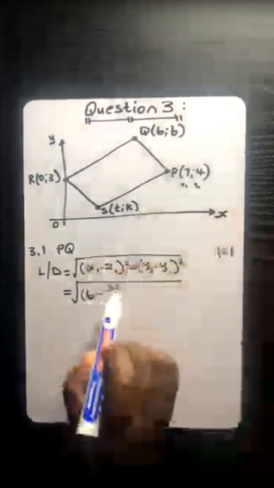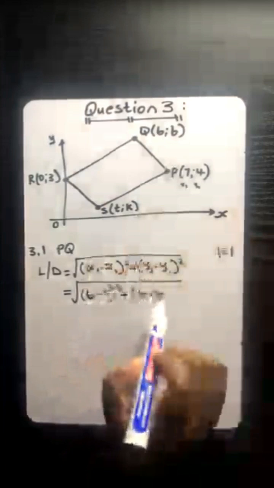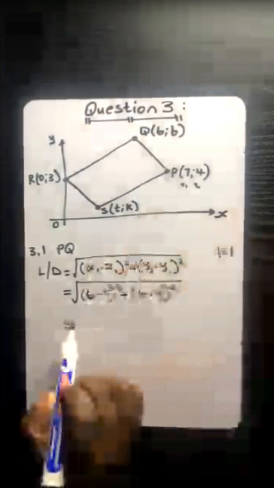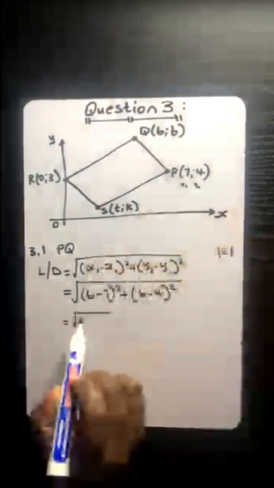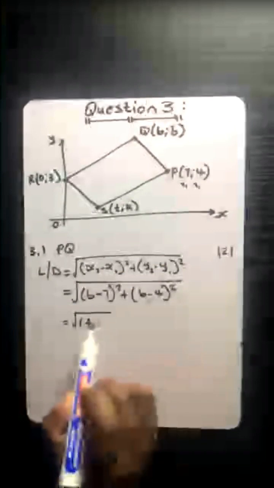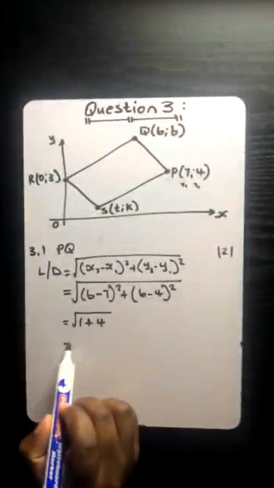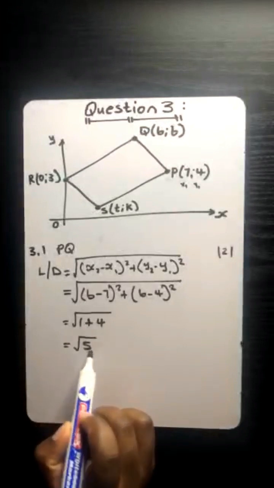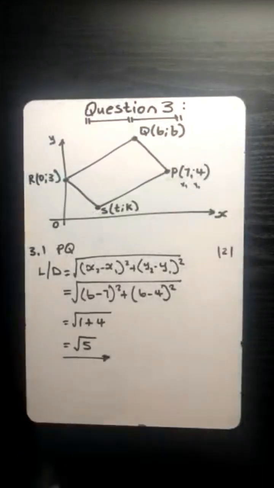It is 7, close squared, plus y2 there, 6 minus 4, close squared. Let's see, obviously this is 1 squared, it is just 1, plus this minus this is 2, 2 squared, what is 2 squared? I think it's 4. So finally you are having the root of 5, and the question said leave your answer in surd form, and this is how it looks in surd form.